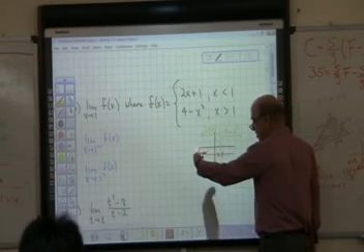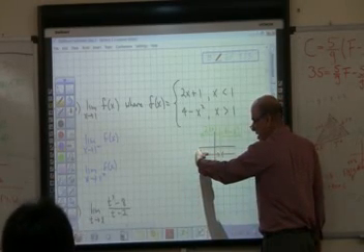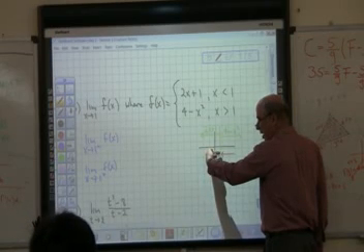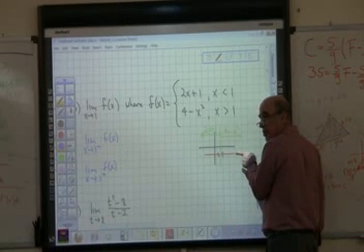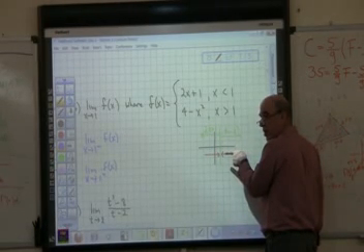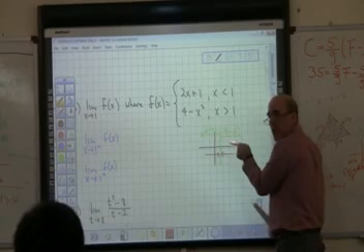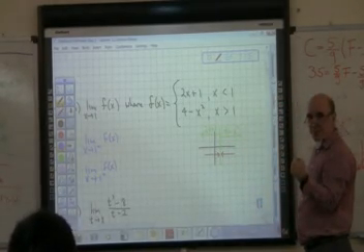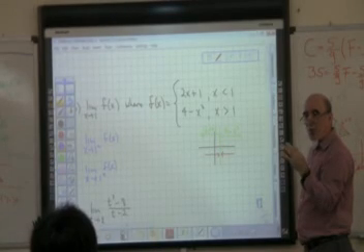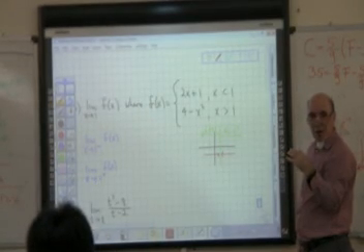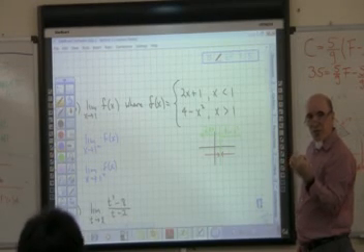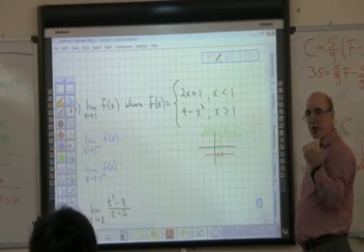So I need to ask myself, what's happening? What number am I getting close to as x is getting close to 1 from this side? What number am I getting close to as x is getting close to 1 from this side? So from each side, I'm using two different functions. I'm not asking what happens when I am equal to 1. I'm asking what happens when I'm getting closer and closer and closer to 1.